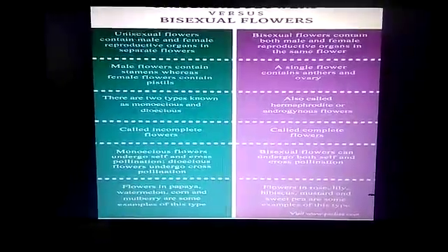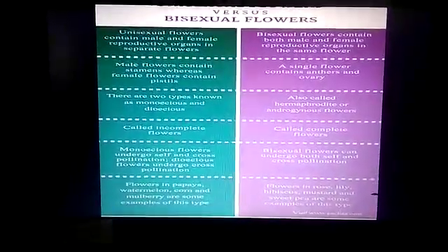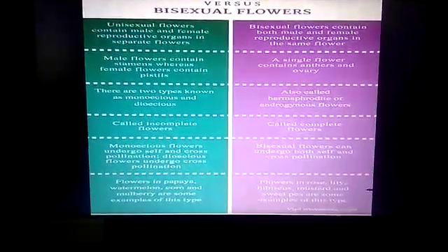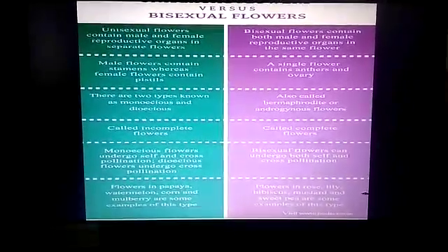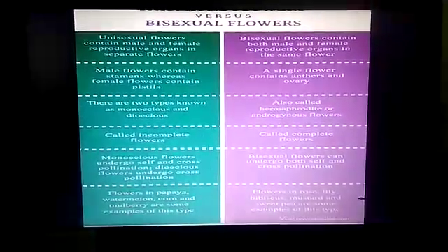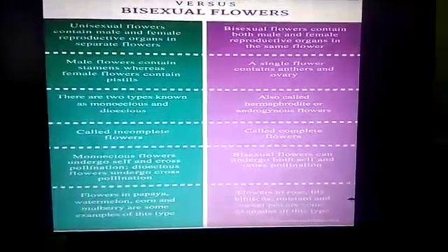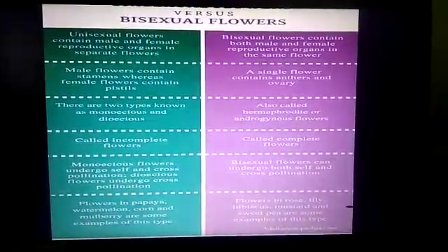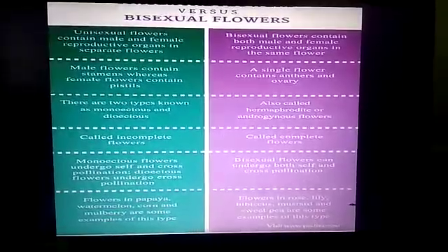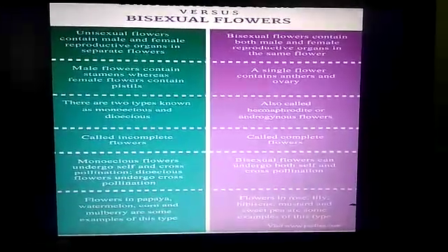So, the differentiation between bisexual flower and unisexual flower. Unisexual flowers contain male and female reproductive organs in separate flowers. A bisexual flower contains both male and female reproductive organs in the same flower.